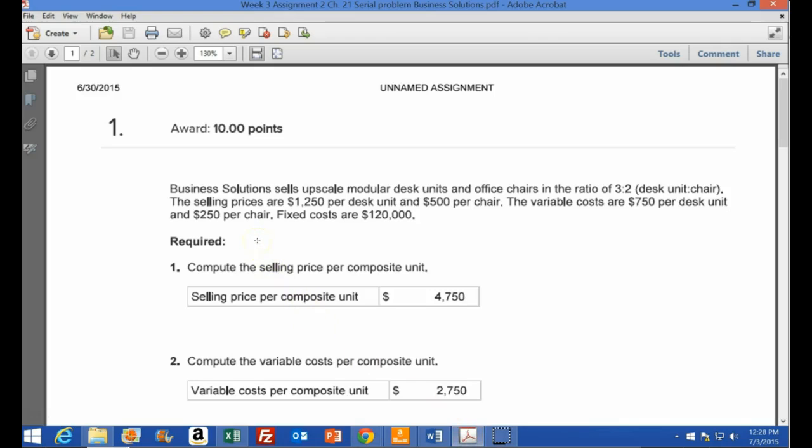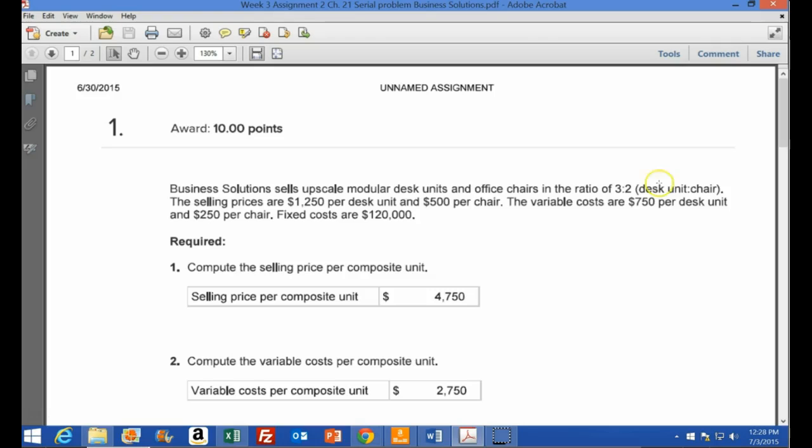We've got a business, Solution Sales, which sells an upscale model of desk units and office chairs in a ratio of 3:2, desks to chairs. That means we're going to have 3 desks for every 2 chairs for all the sets that we make. So these are going to be sets of 3 and 2.